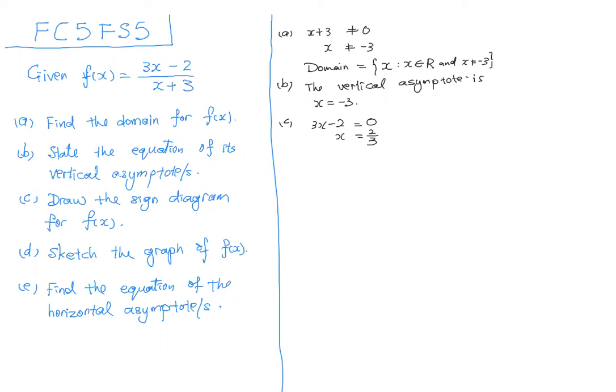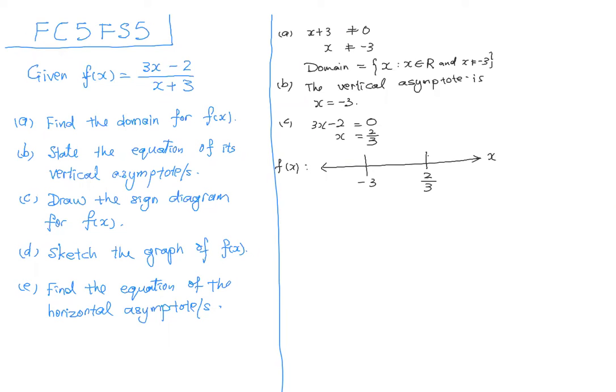Okay, so after that, draw the x-axis. So I put the f(x) here to tell people that this is the f(x) sign diagram. So next, what must I do? Plot -3 and 2/3. Mark -3 and 2/3. Did I mark it correctly?